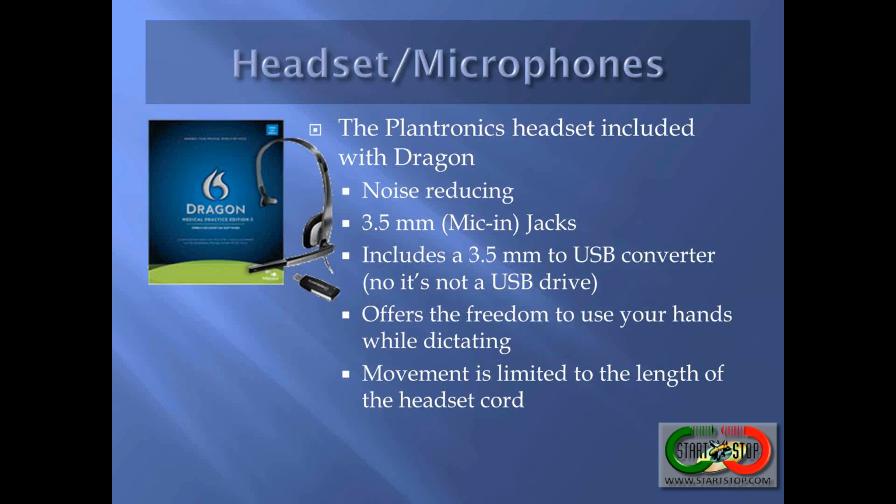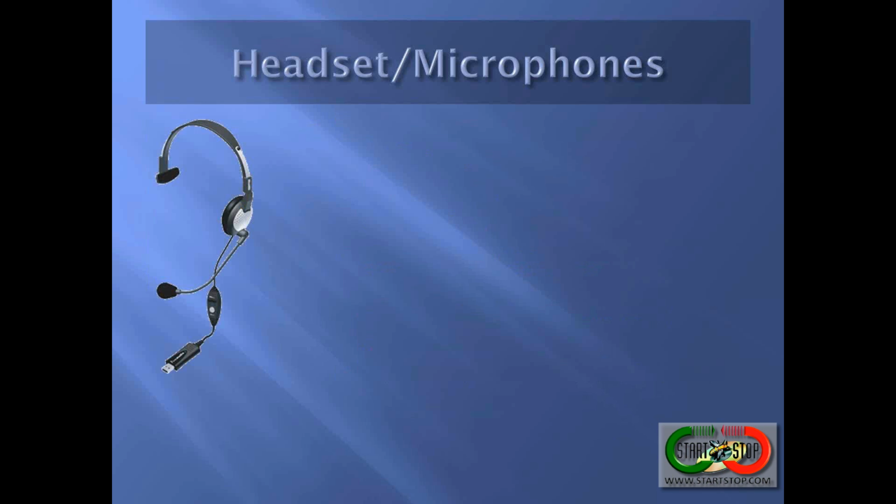The next headset microphone that we want to look at is the Andrea NC181 headset. This is a headset that can be purchased separately. We sell it on our website, or if you call in to our order line.